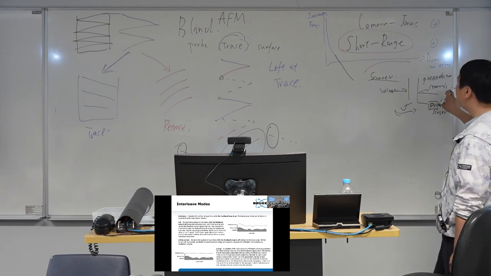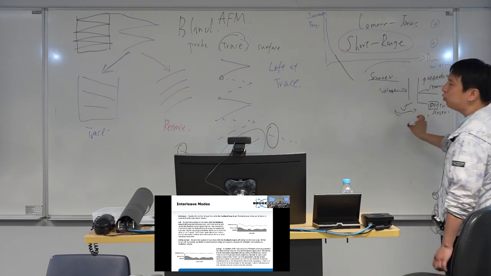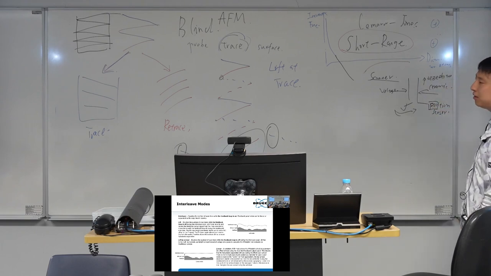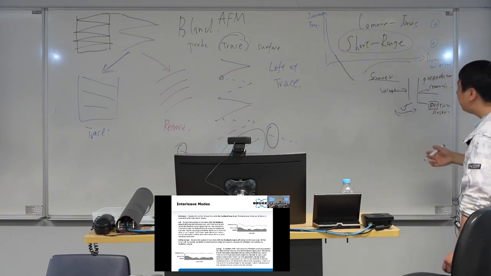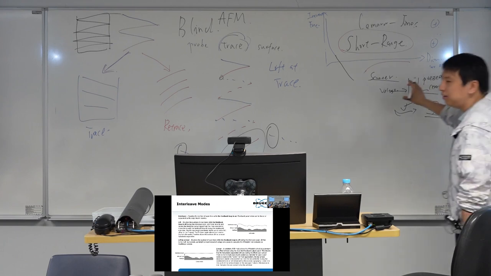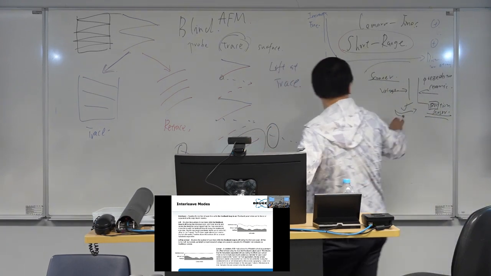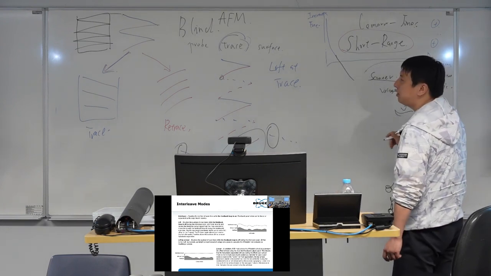So we apply voltage, and then this tube is moved due to the piezoelectric effect, and then the probe is moving back and forth. And then from the position sensor attached on the scanner, we know the exact position of my tip. So that's the purpose of this position sensor.